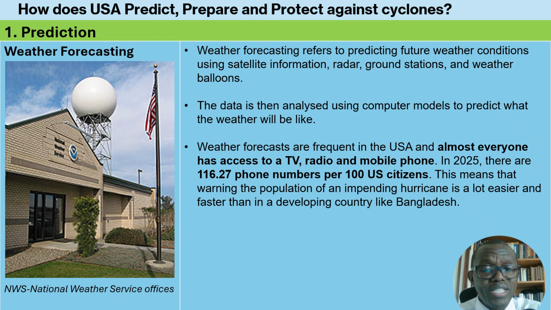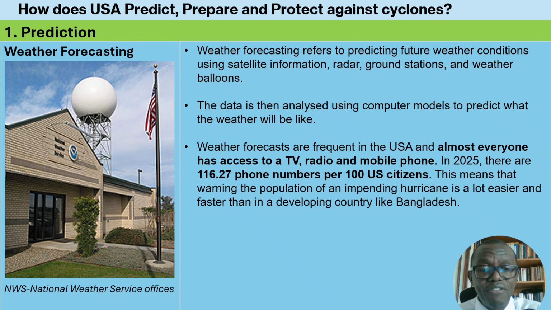Now, weather forecasts are frequent in the USA, and almost everyone has access to a radio, TV, and a mobile phone. And that helps to get information out there to people, so that if they need to evacuate an area because of a pending hurricane, they can do so.